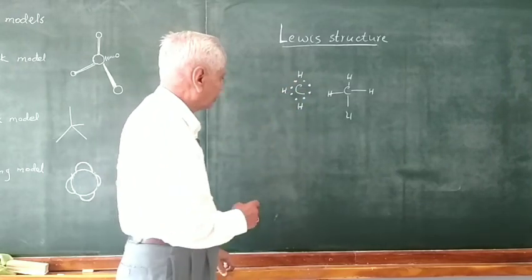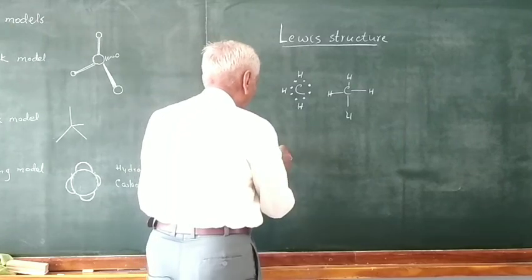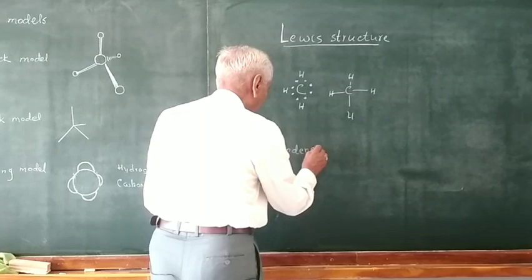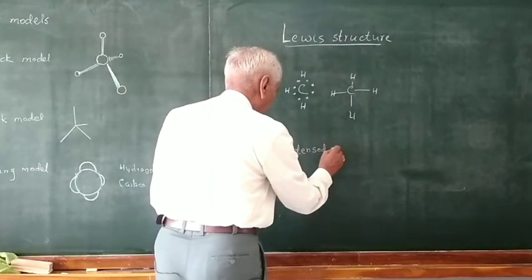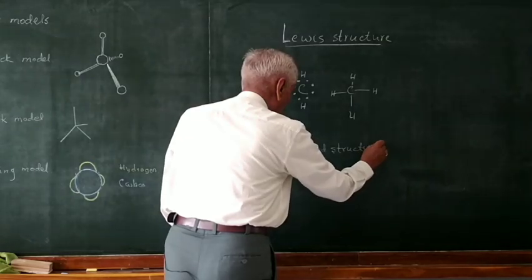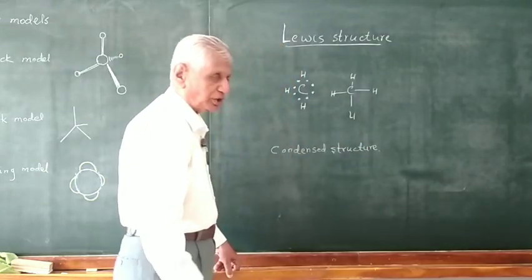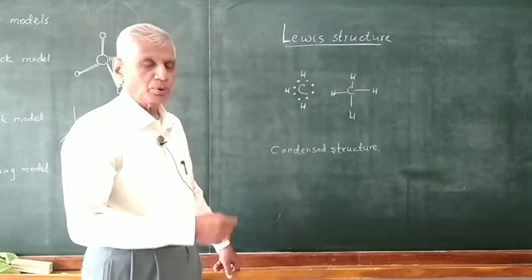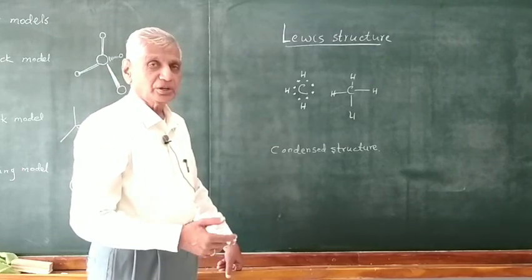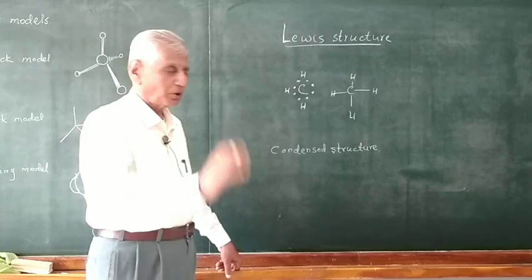The next one is condensed structure. Now in this condensed structure, suppose the compound contains a larger number of carbon atoms. In that case, it has to be written in a short form.